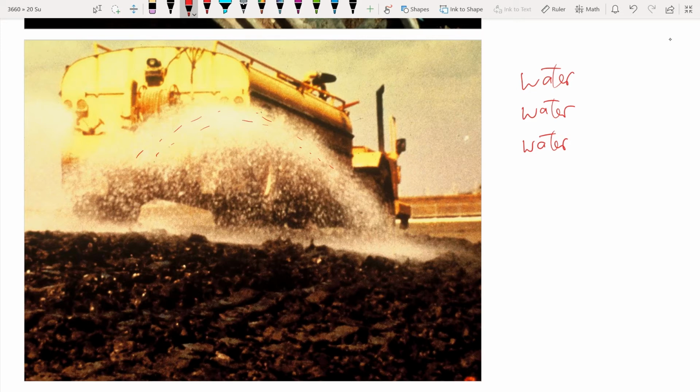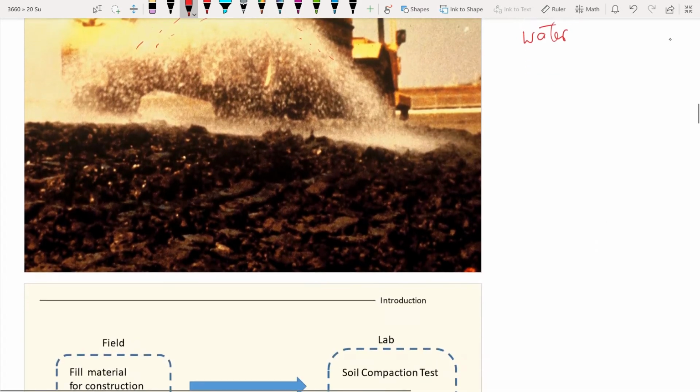If it is too wet, you may want to let solar energy help, exposing the soil to the sun and letting it dry up a little bit until you get to the water content you want. Then, with the correct water content and enough compaction effort, that's how the job gets done. So don't forget, water is very important.